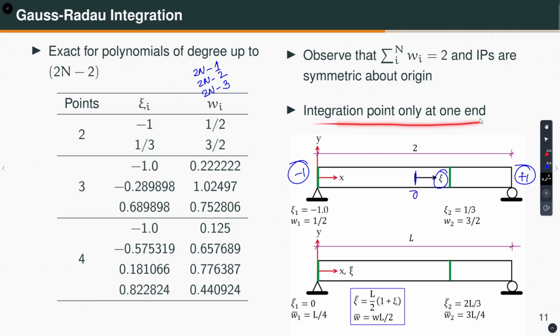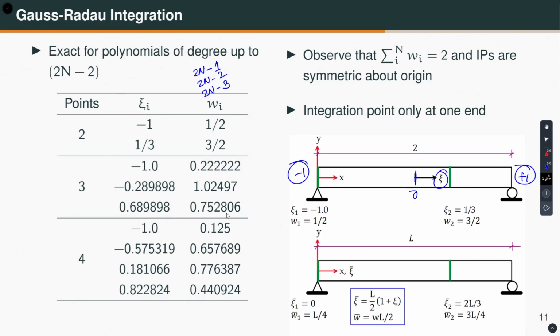So, you have an integration point only at one end of the element. For example, look at this 3-point Gauss-Radau, you have minus 1, then minus 0.29, then 0.69, okay, and these are the weights, right.